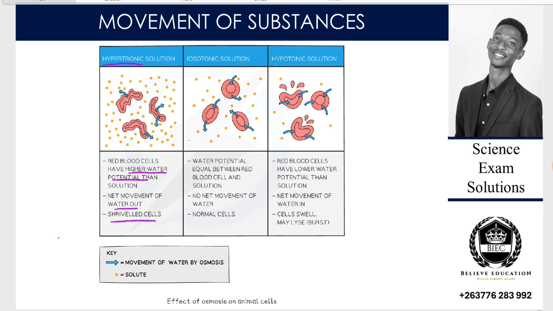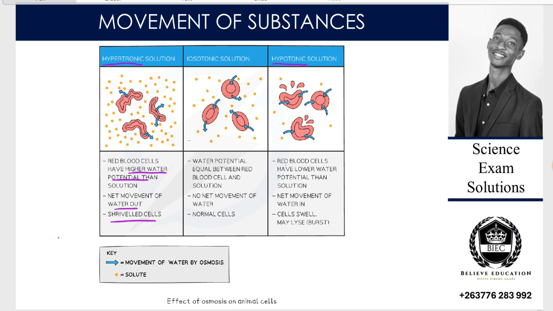Then we have another one, which is hypotonic. We had a hypertonic and we now have hypotonic. A hypotonic solution is the opposite of hypertonic, where the solution outside the cells has a high water potential. The high water potential causes water to move from there into the cell, because the cell has a lower water potential.